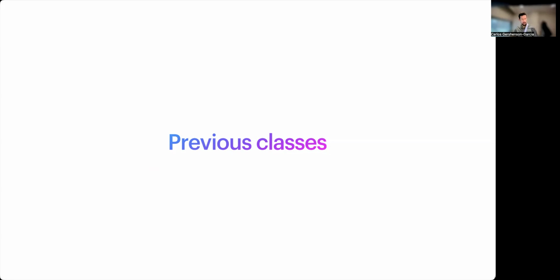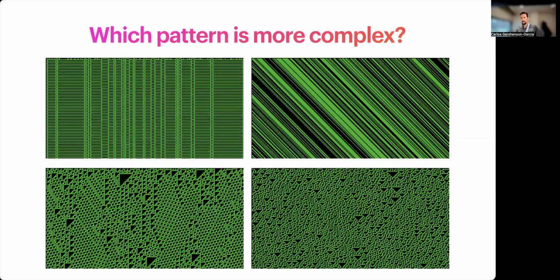And just to start, here are different patterns, and just visually which ones do you think are more complex? So on one hand, we have some regular patterns, and then we could say that they have low information because these regularities make it easy to predict what might be the next symbol.